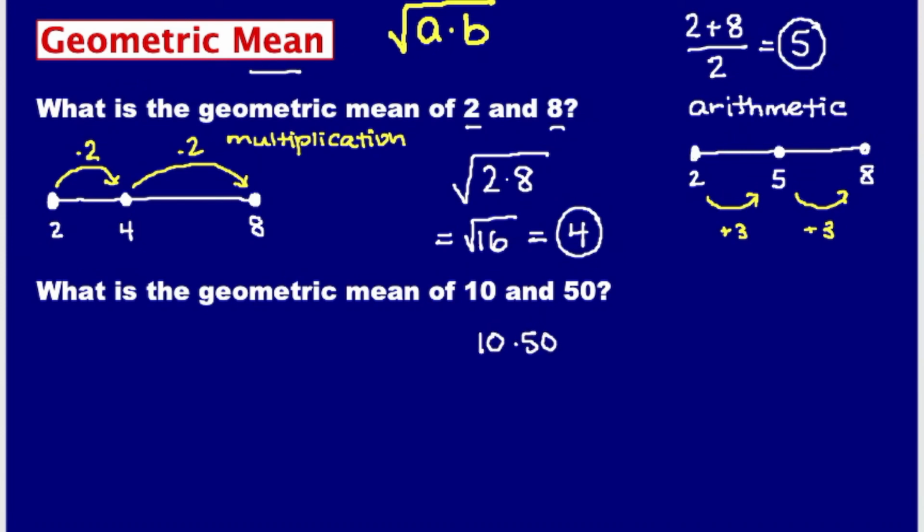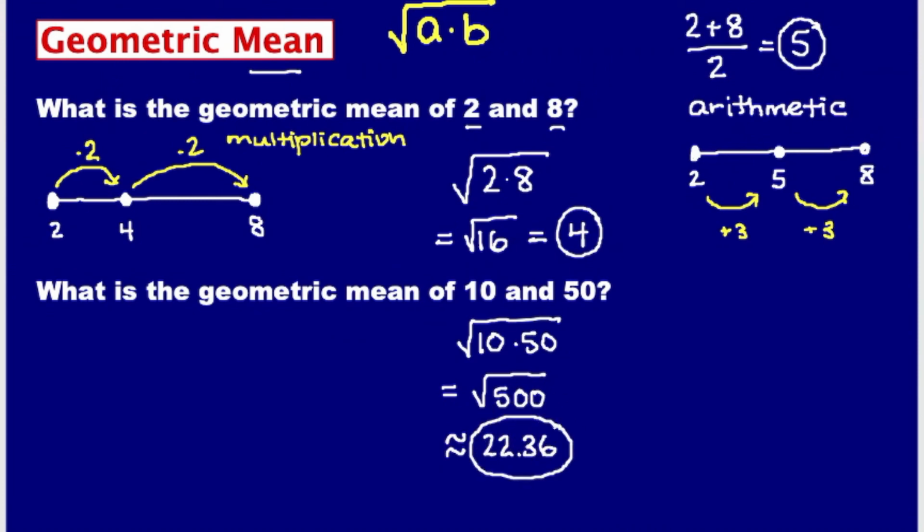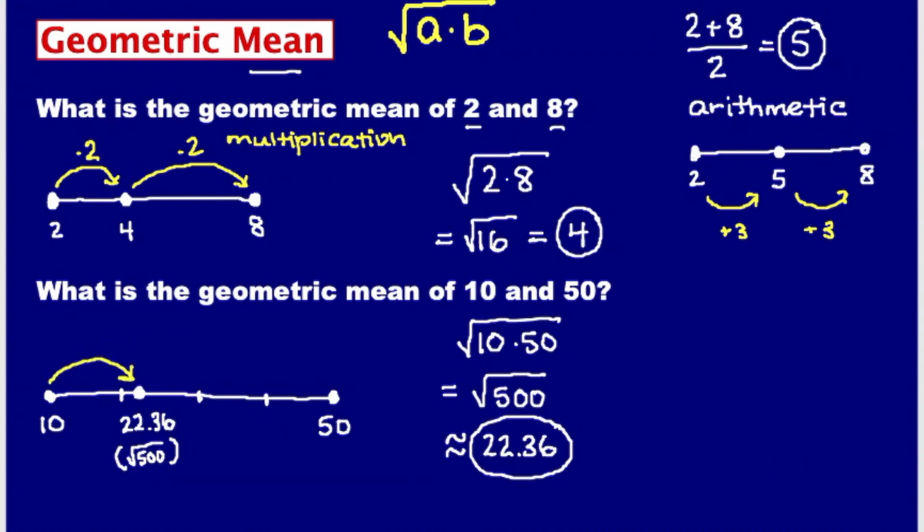10 times 50. The square root of that, the square root of 500, which comes out to about 22.36. And that's the geometric mean. 22.36 would put us right about here. And in this case, it turns out that our multiplier for the geometric mean is 2.236 approximately.